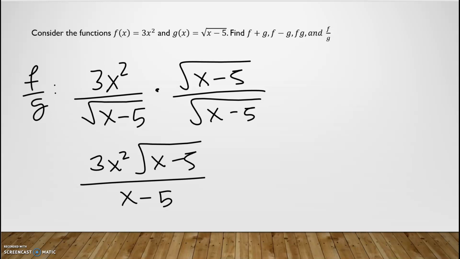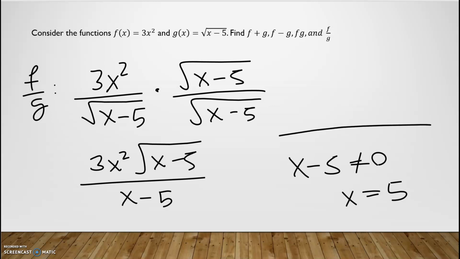Now, remember, you don't want the bottom to be 0. And so we set what the bottom is equal to what we don't want it to be. So we can't have x being equal to 5. And also we've got a square root on top. So what's inside needs to be greater than or equal to 0.